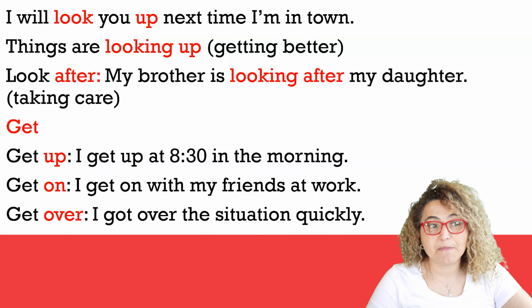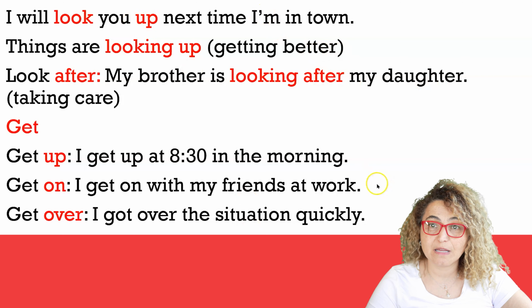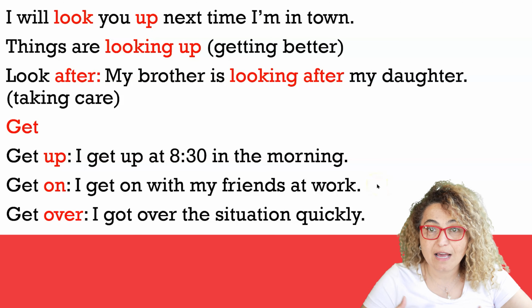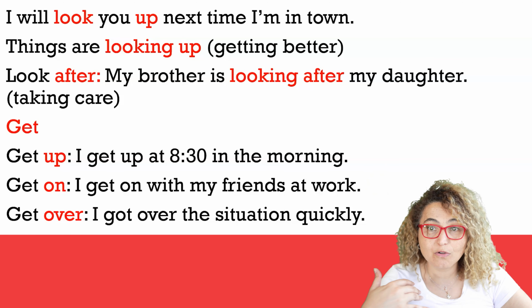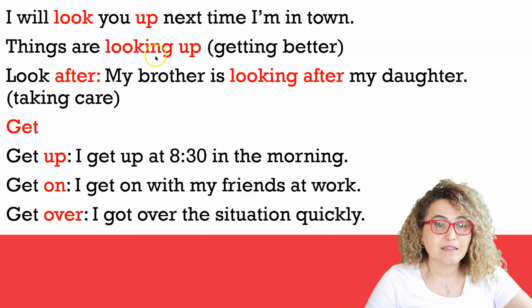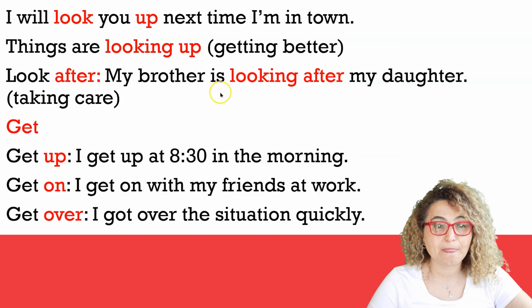Another example, I will look you up next time when I'm in town. That means I'm going to try to find you when I'm in town, or I'll call you when I'm there. Things are looking up for you. Things are getting better. Looking up, getting better.